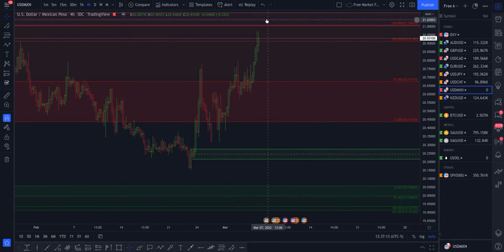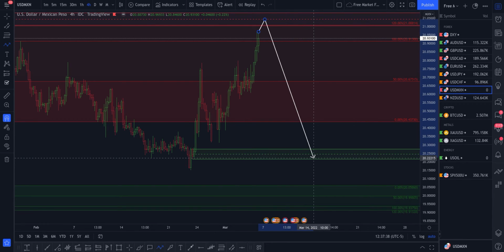We do have an unmitigated 4-hour supply zone up here that we could definitely possibly see this market come up into and react off of before heading down in favor of the Mexican peso, possibly taking profit at these lows here, as well as this 4-hour demand that we could see price possibly return to this week.